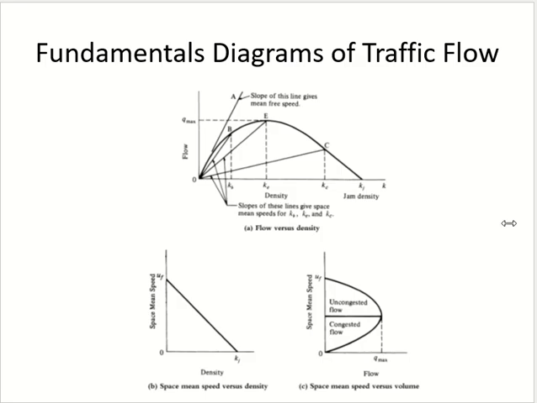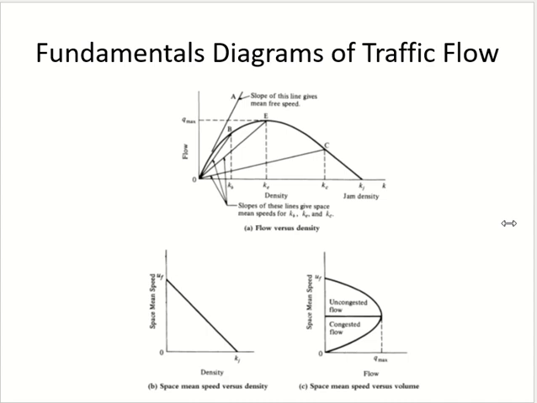So what happens after capacity? You reach capacity, but the cars are still increasing. What will happen after capacity? Traffic jam, right? So in traffic jam, the flow increases or decreases? I'm talking about the flow, not the cars.